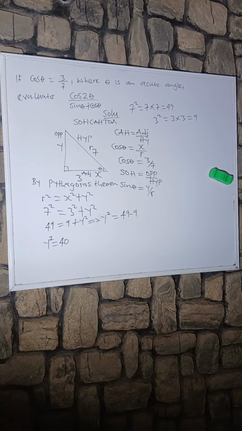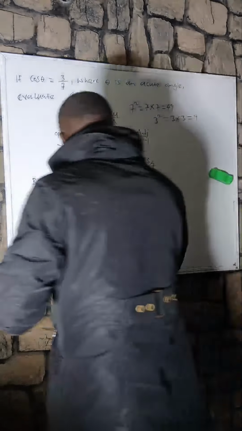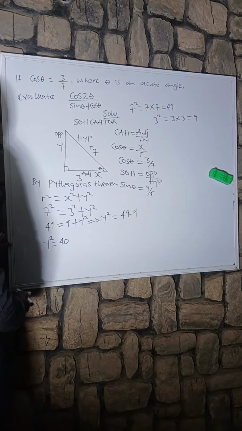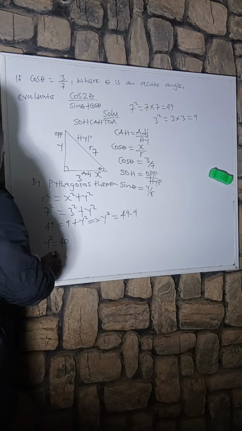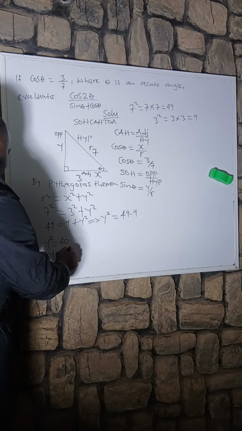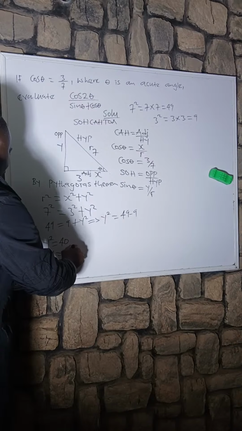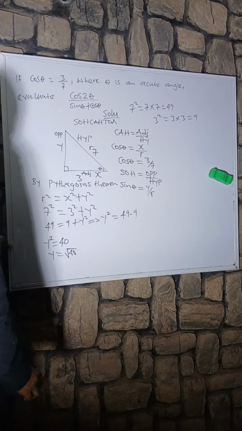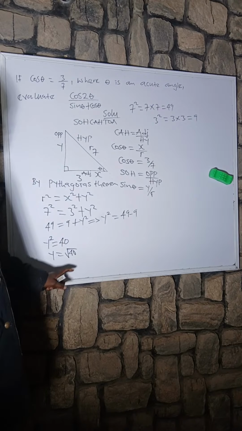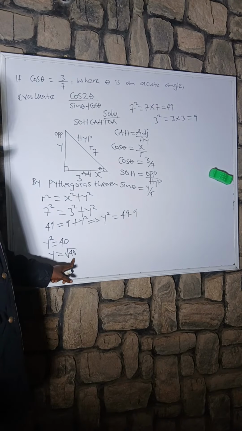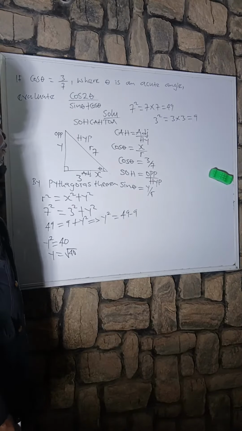So far, so good. So what we need to do here is take the square roots. When we take the square root, y will be equal to the square root of 40. So what is the square root of 40?